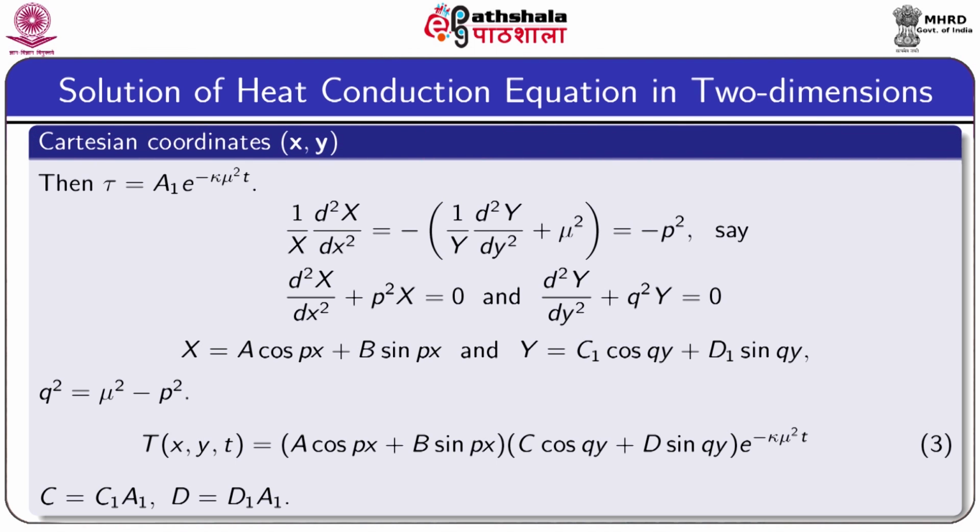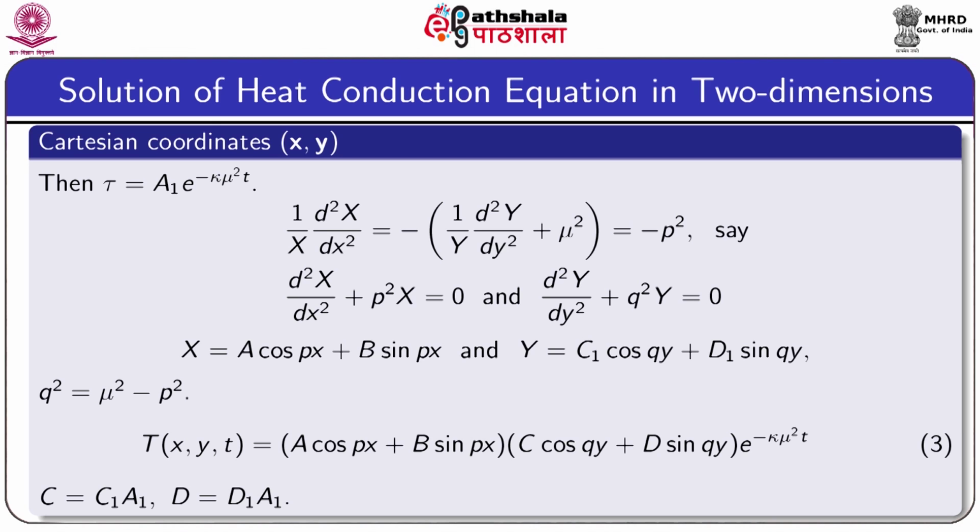And these two equations can be solved easily, and the solutions are written here. Capital X is a cos px plus b sin px, and capital Y is c1 cos qy plus d1 sin qy, where c1, d1, a, b are integrating constants.